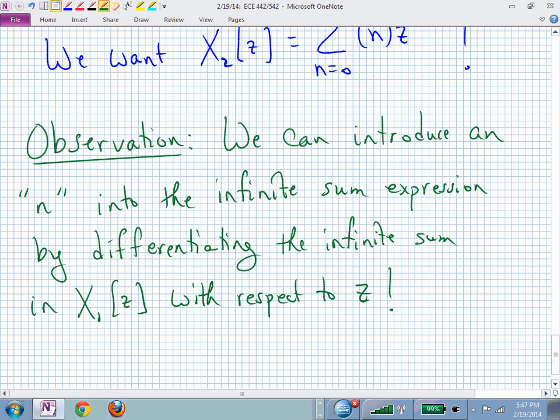That's the insight of the observation that allows us to find X sub 2 of z.